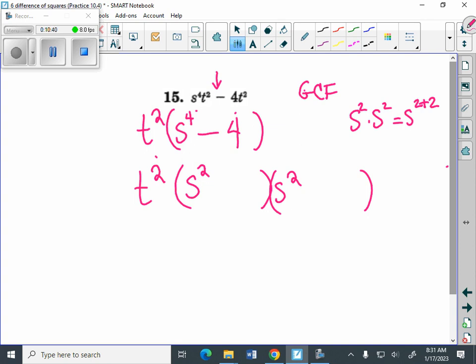And then when we break apart 4, square root of 4 is 2, and 2 times 2 is 4. Difference between two squares, different signs. Watch out for the greatest common factor. It applies to all of the methods.